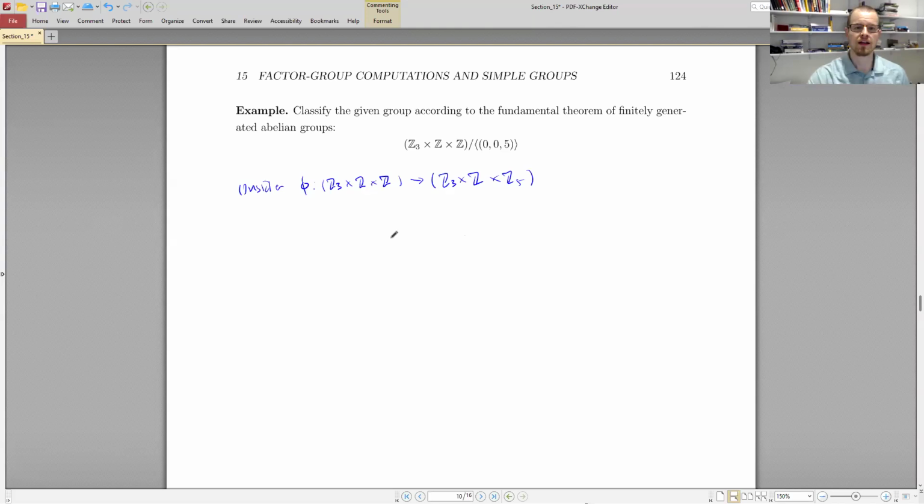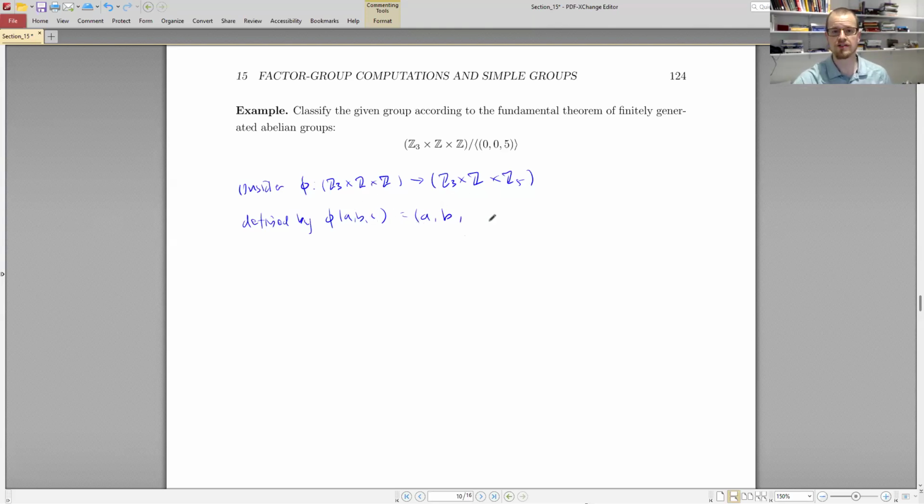Excellent. So if I were to consider this defined by phi of A, B, C is equal to A, B, right? So whatever I enter here stays the same. Whatever I enter here stays the same.